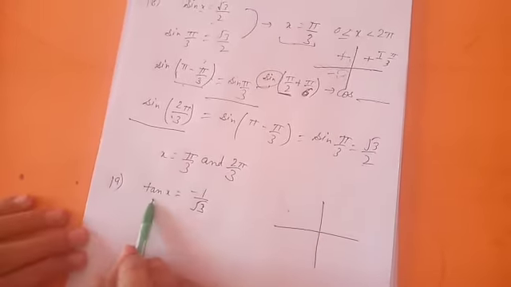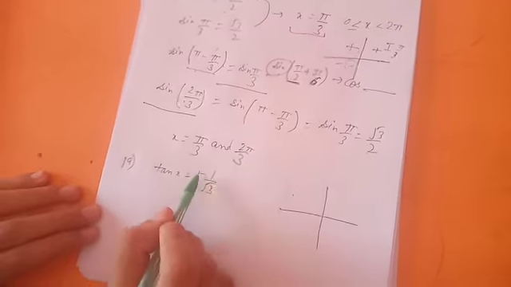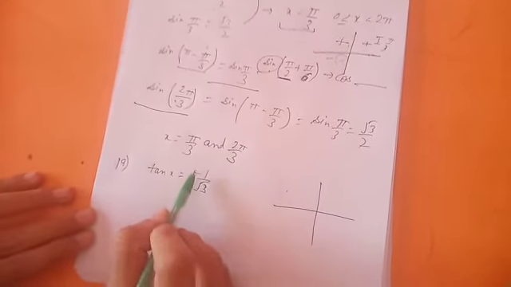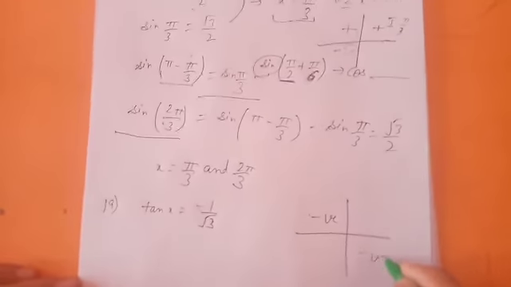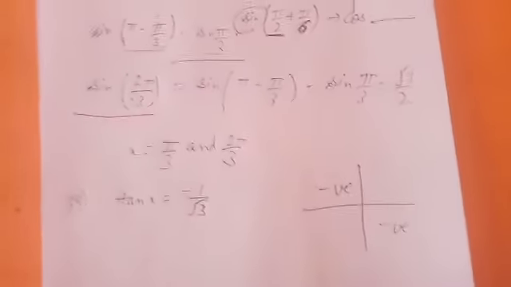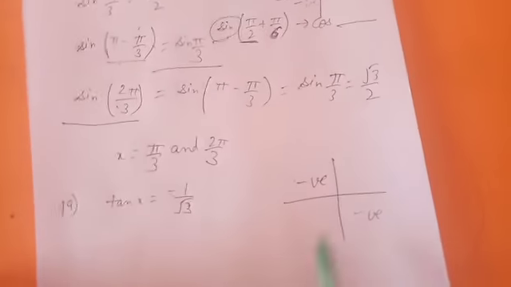In which quadrants is tangent x negative? Because tangent x is given to be equal to minus 1 by root 3, we will check in which quadrants it is negative. It is negative in second and in fourth. So we have to write in such a way that we get our angle in second or fourth quadrant.